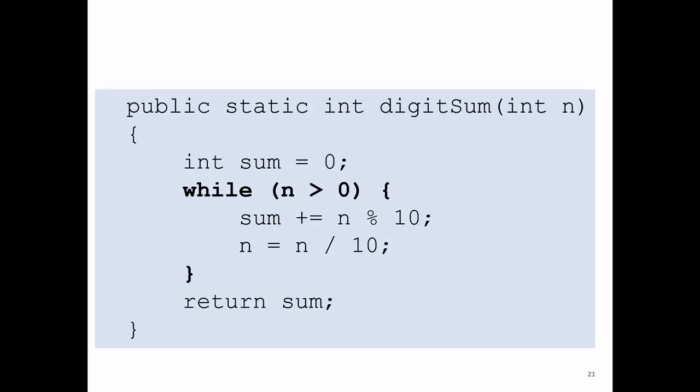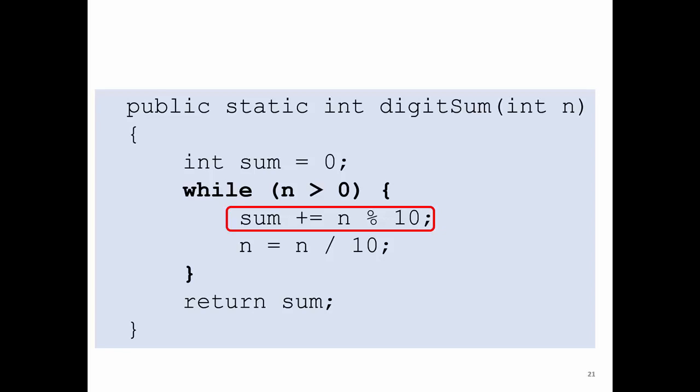Okay? Do you have any questions? So here we are adding to the sum that we initialize outside the while loop to be equal to 0.